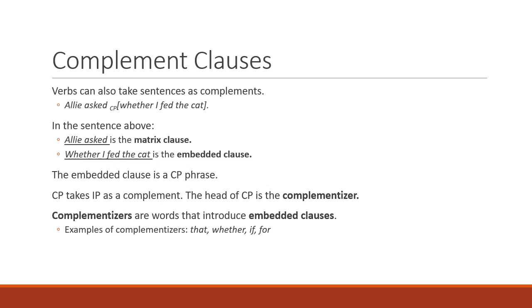Whether is the head of the CP. Complementizers are words that introduce embedded clauses. Examples of complementizers are that, whether, if, and for. Those are the keywords you find inside of sentences that add entirely new sentences within them.